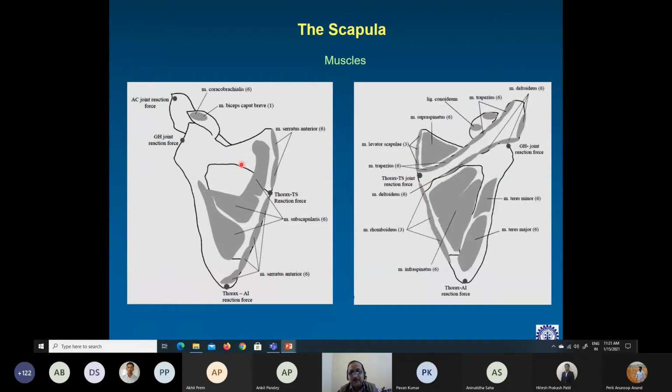If you are looking from the front, you can see large muscle attachments like the serratus anterior. The number indicated within brackets is the number of lines of force used to represent the muscle action.